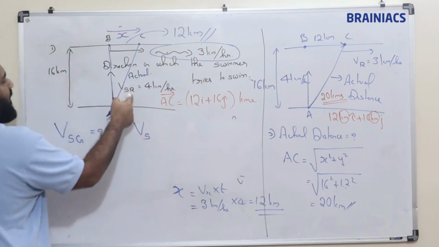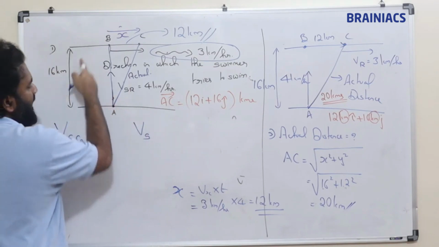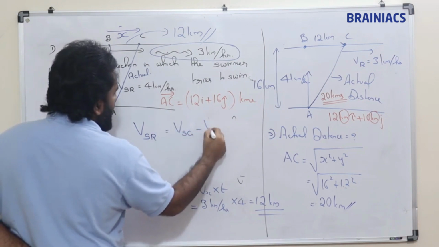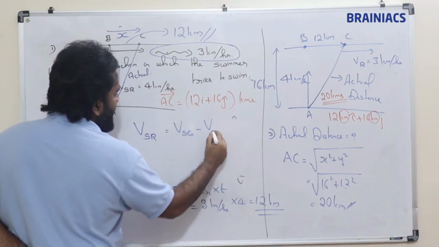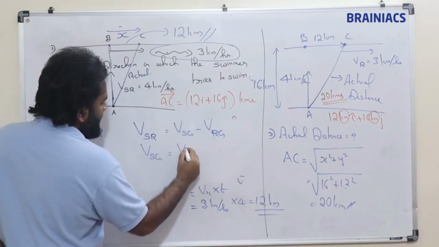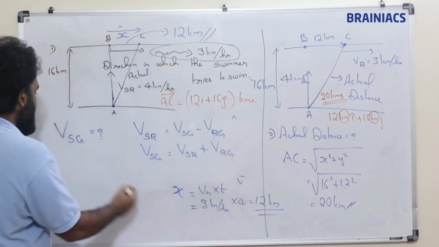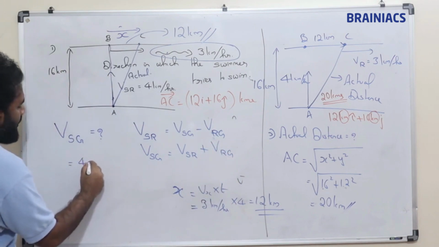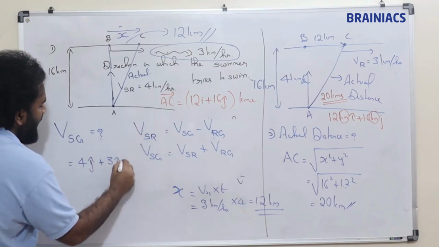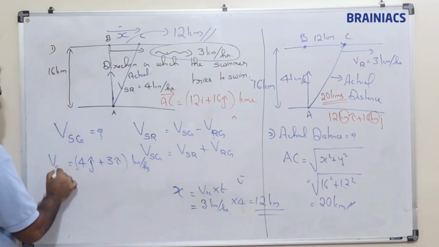Velocity of the swimmer with respect to river is straight. This is equal to velocity of the swimmer with respect to ground minus velocity of river with respect to ground. So velocity of swimmer with respect to ground is velocity of swimmer with respect to river plus velocity of river with respect to ground. So this is going to be 4J plus 3I. This is the velocity of the swimmer with respect to ground.